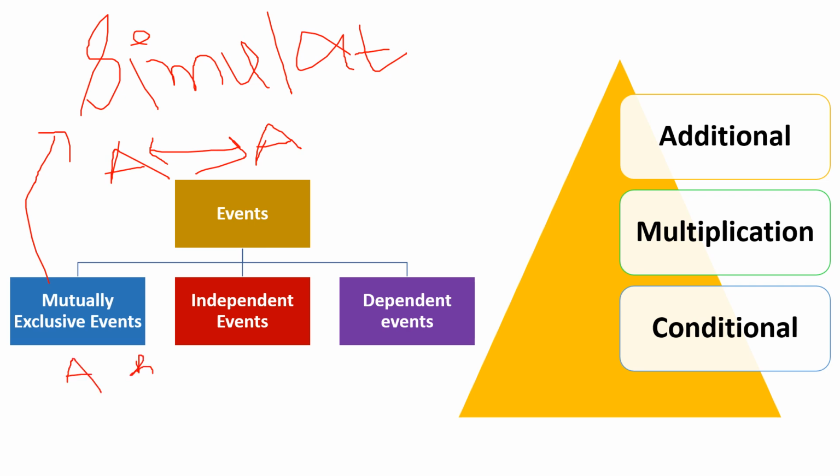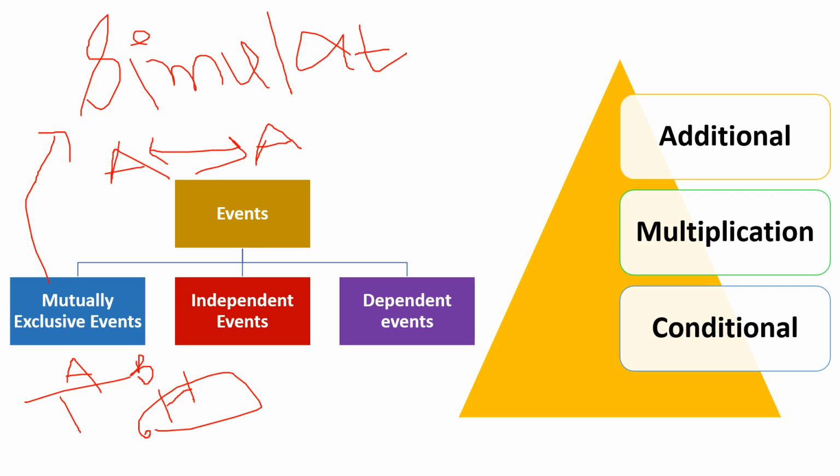For example, if you toss a coin, you will get either a tail or a head. But will you get head and tail at the same time? No, right? This is nothing but mutually exclusive events. Either tail will occur or head will occur.